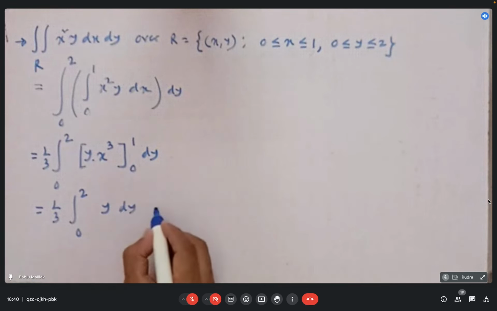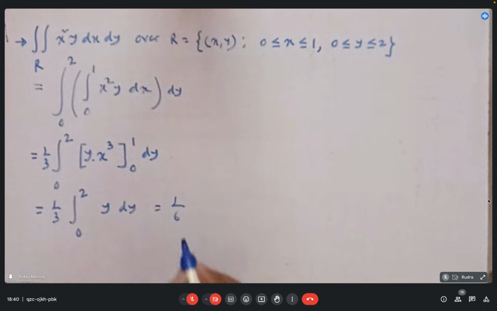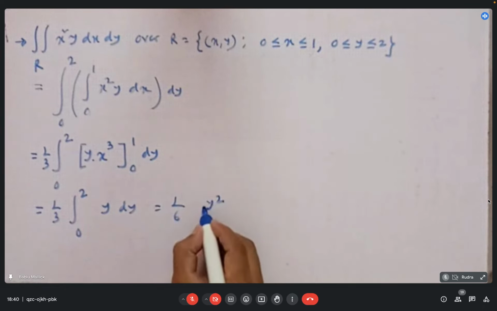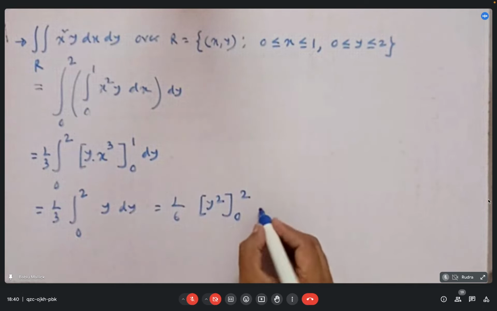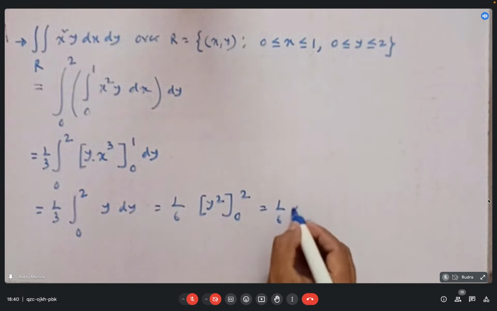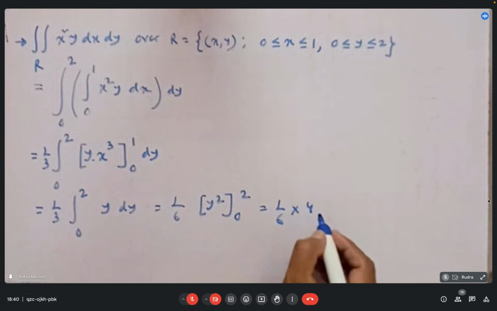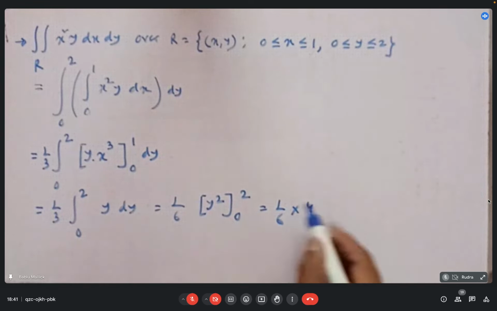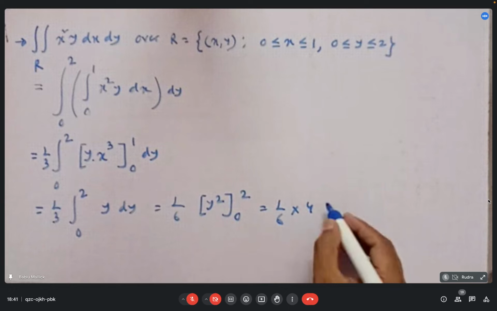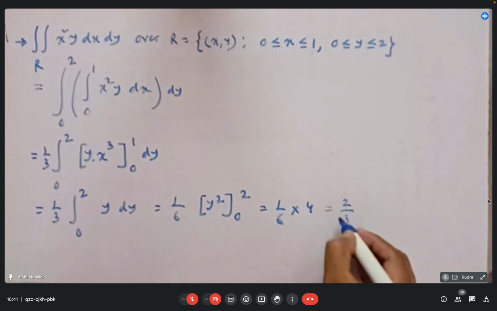So this dy, so that is 1 by 6 into y square, limit from 0 to 2. So this is 1 by 6 into 4. Have I done it correct? So this is equal to 2 by 3.